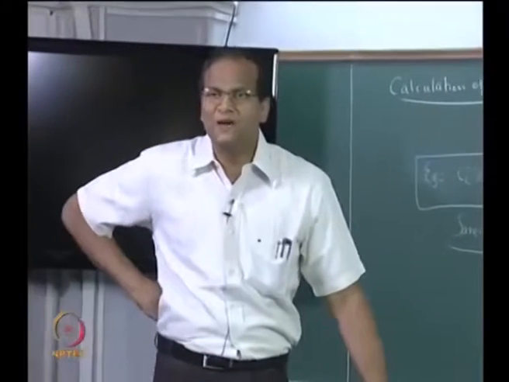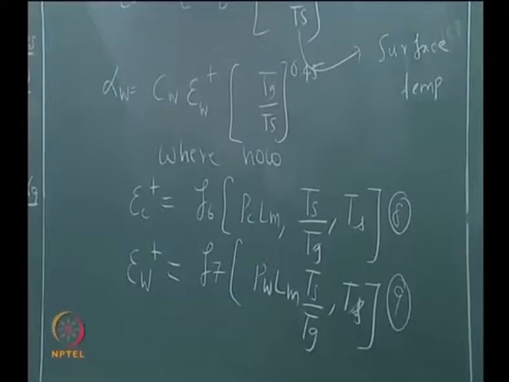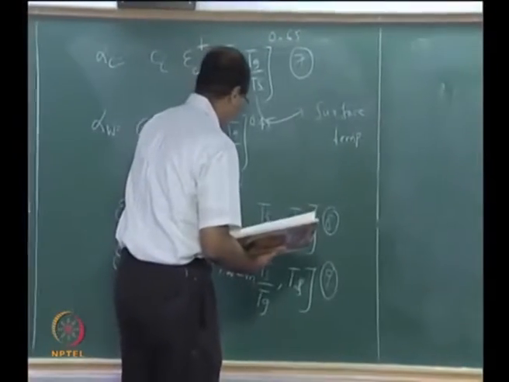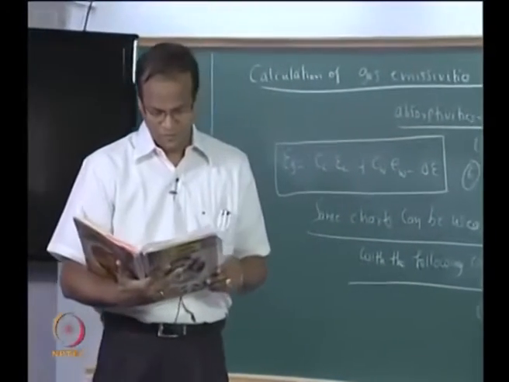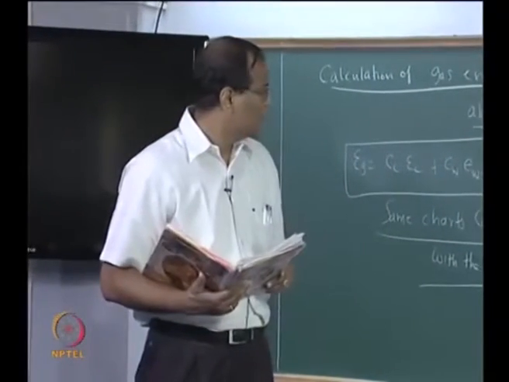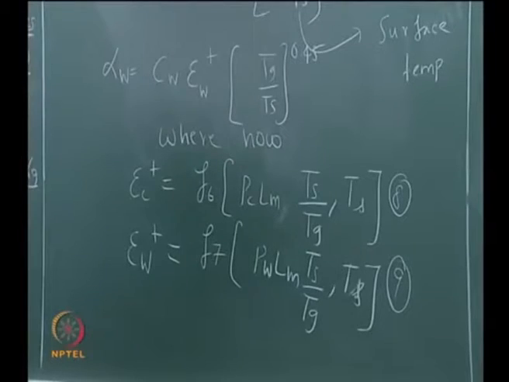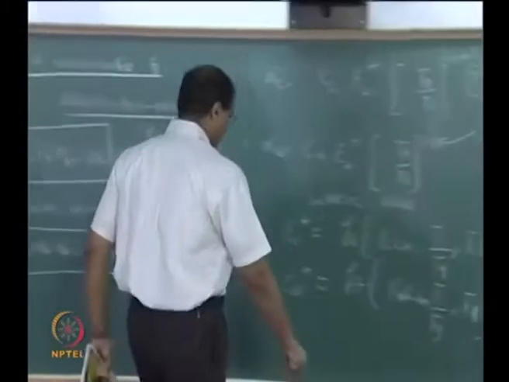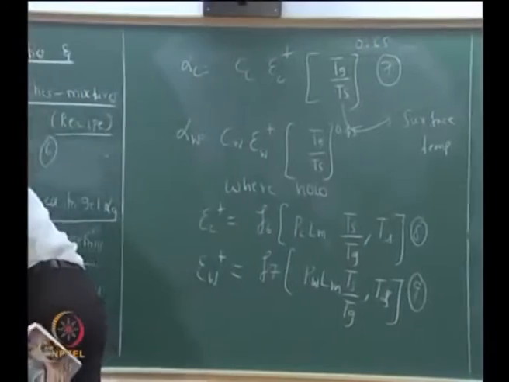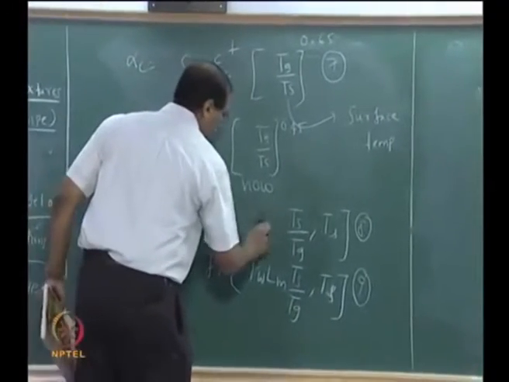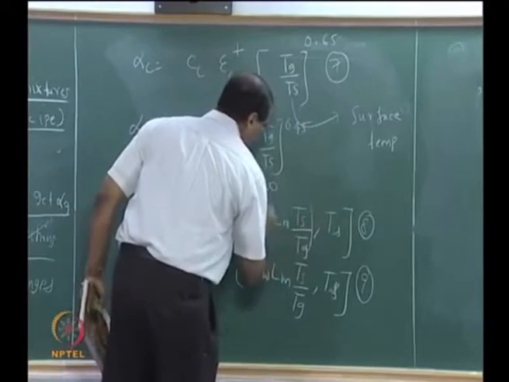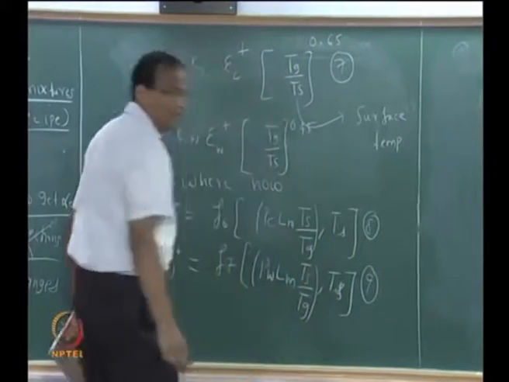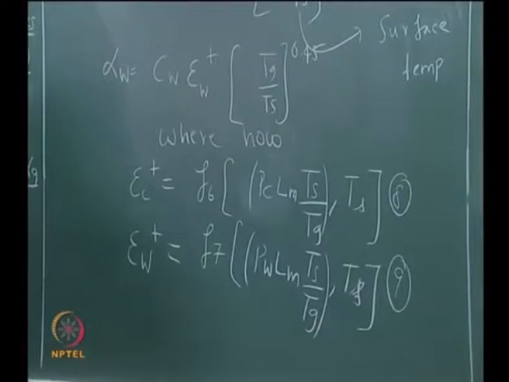So wherever the temperature comes, instead of Tg we will have some factor. Which product? That product, PCLM Ts by Tg. Ts by Tg is the normalizing factor.